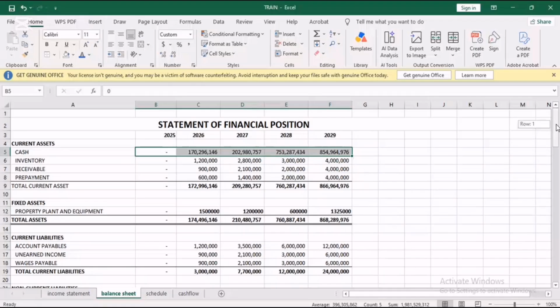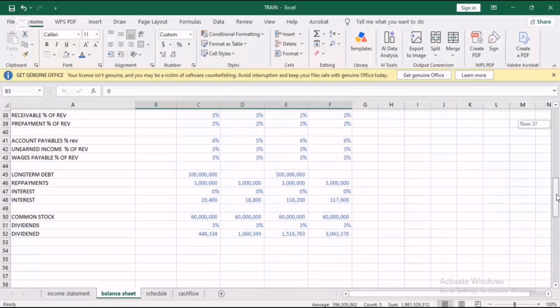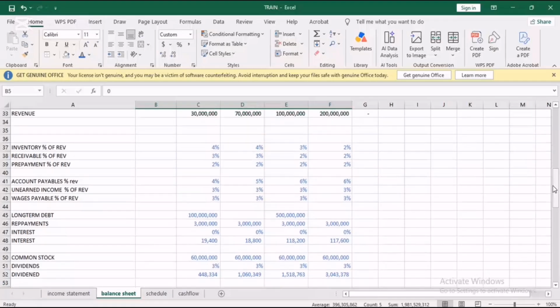Now let's tweak one or two things here in the assumptions of the statement of financial position. For this right here, let's assume that we have 10% worth of payable in the first period. The implication of this is that there will be more increase in our cash.